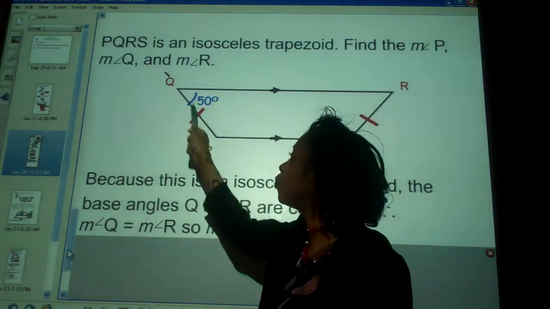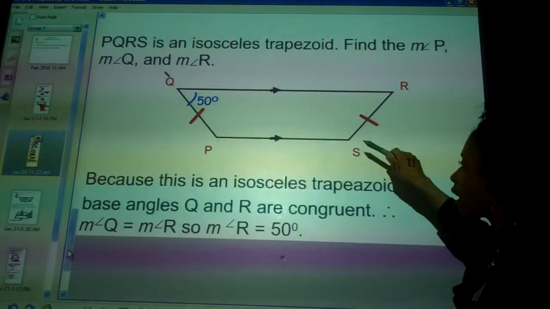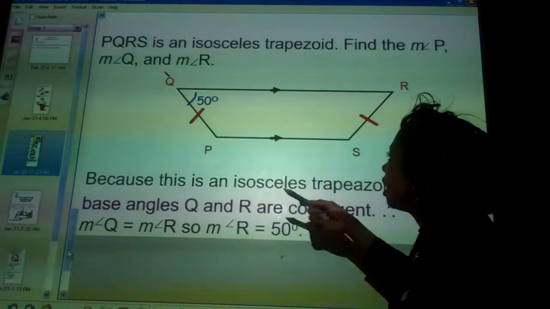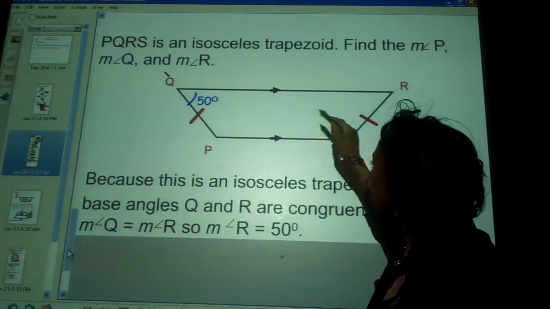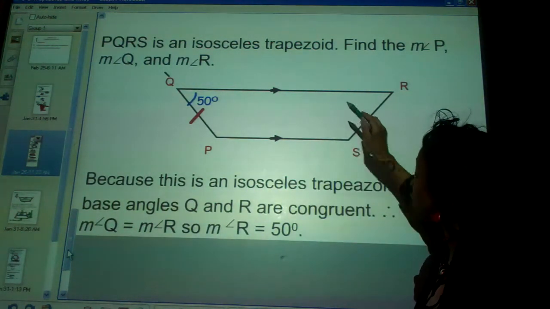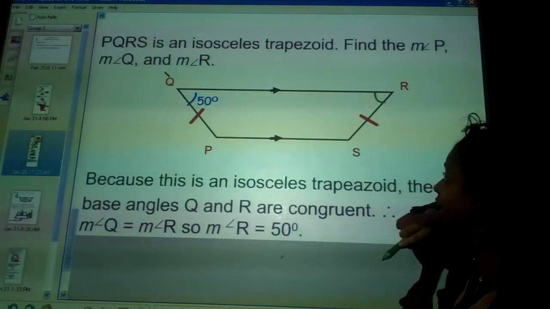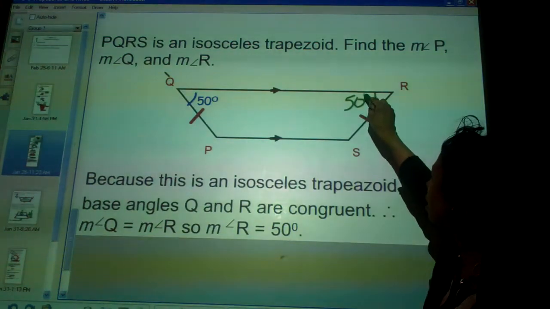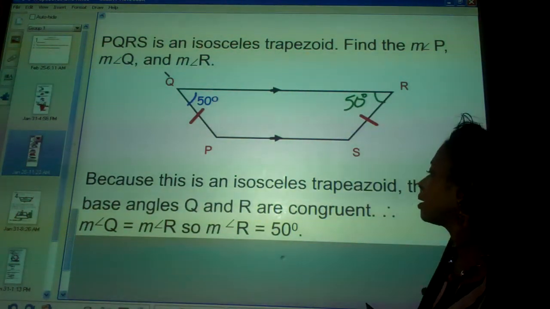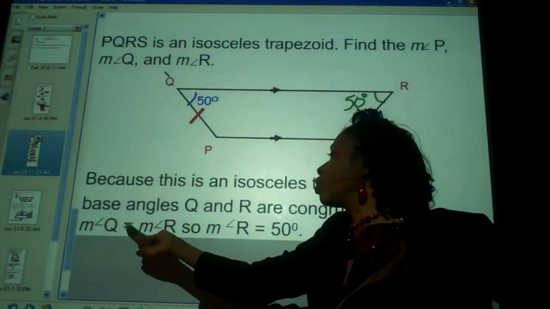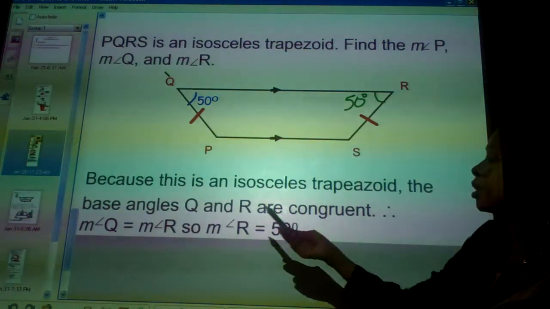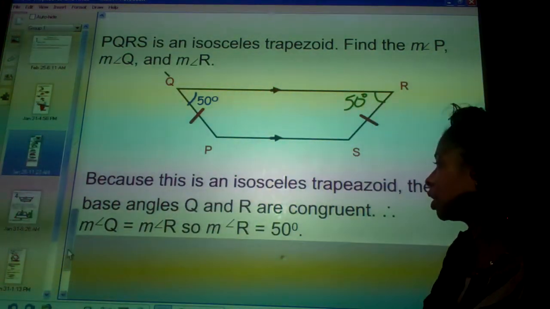And I see that QP is congruent to RS. Both those two things happen. And if that's true, the base angles are congruent. That means that angle Q, which is 50 degrees, will be congruent to angle R, which will also be 50 degrees. Okay? So if the measure of angle Q is equal to the measure of angle R, the measure of angle R will also be 50 degrees.